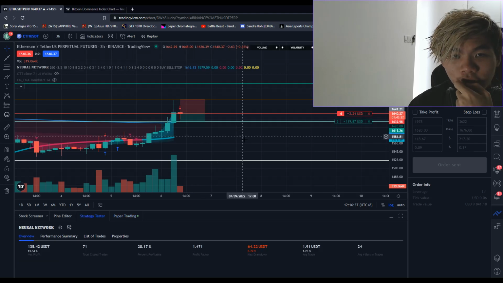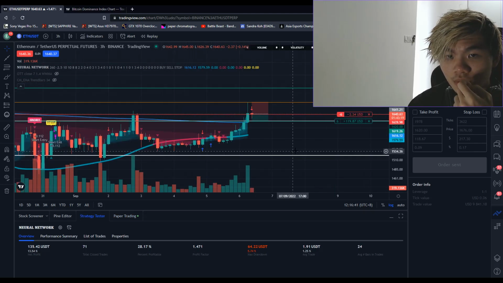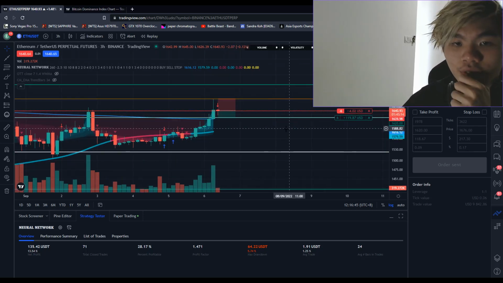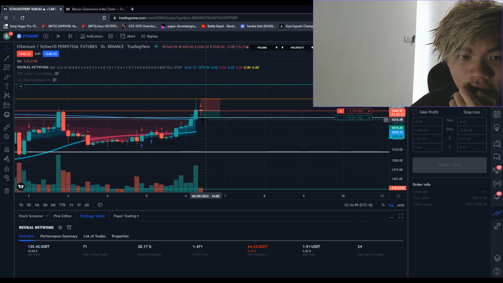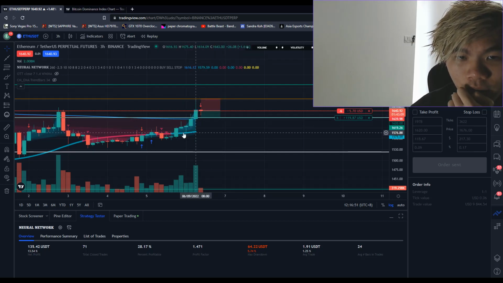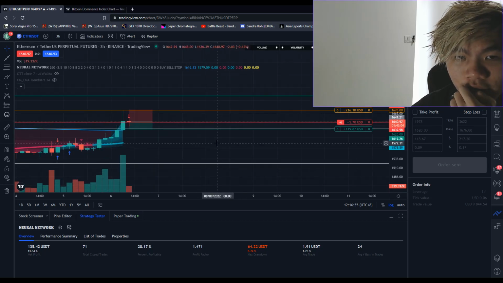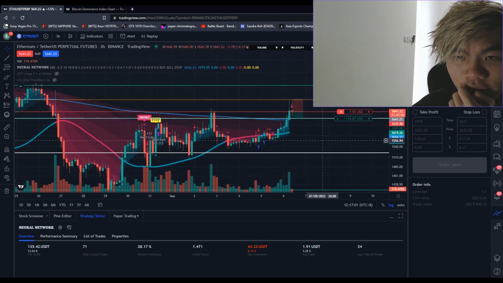And then we can look at my favorite indicator, which is the neural network. So the neural network tells us a lot of things here. This broke, I'm pretty sure, the 260 EMA line, and it's going above the HMA. So with that being said, if we go for a long play here, we could have two scenarios happen.